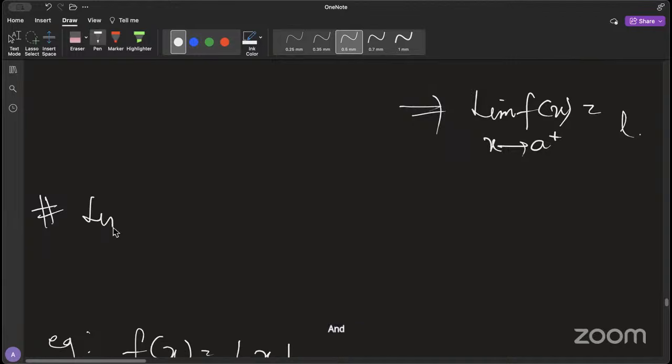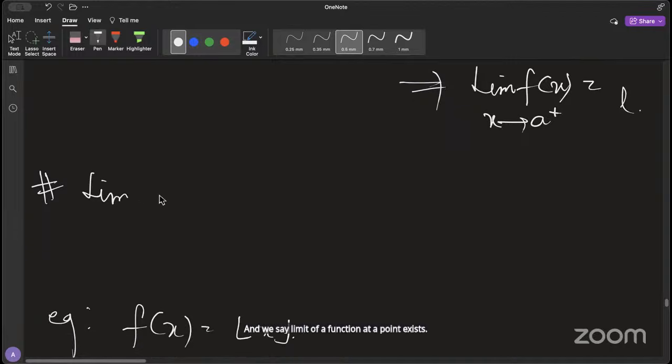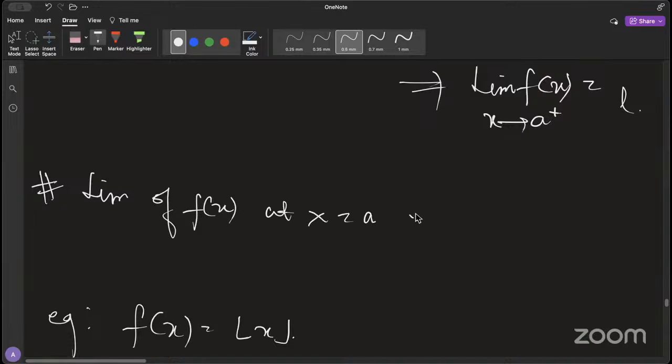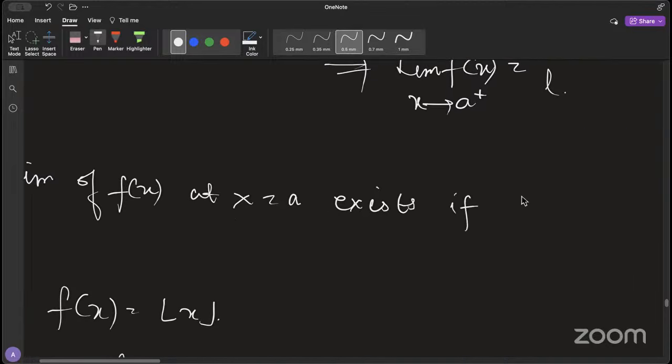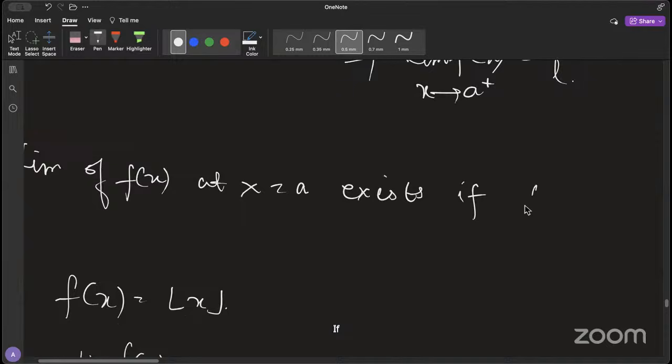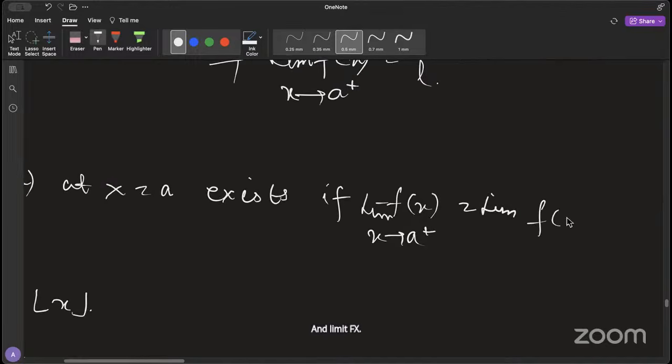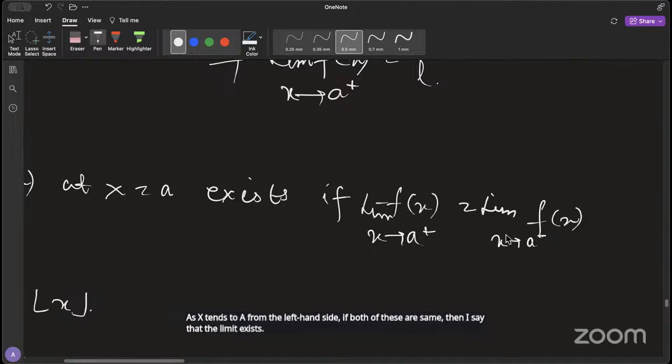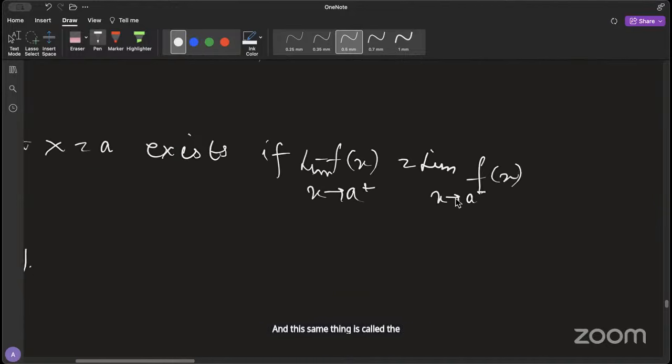And we say the limit of a function at a point exists if the limit of f(x) as x tends to a from the right-hand side and from the left-hand side are both the same. Then I say that the limit exists, and this common value is called the limit of the function.